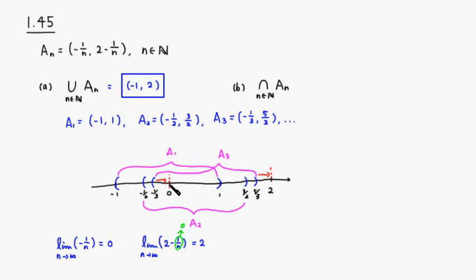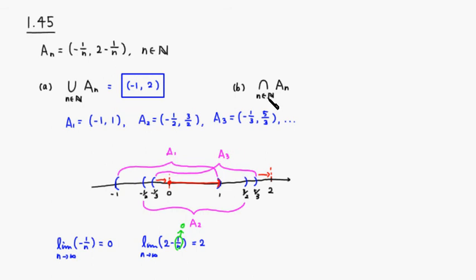The common points start from 0 and go all the way to 1, but excluding 1 because it's an open interval.